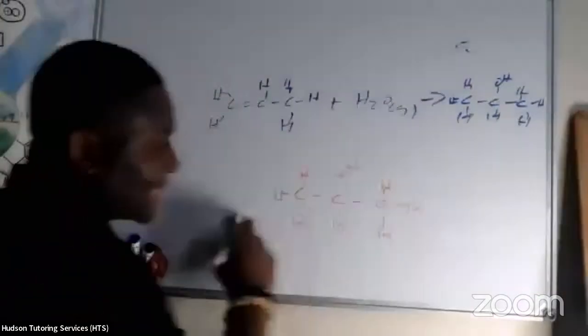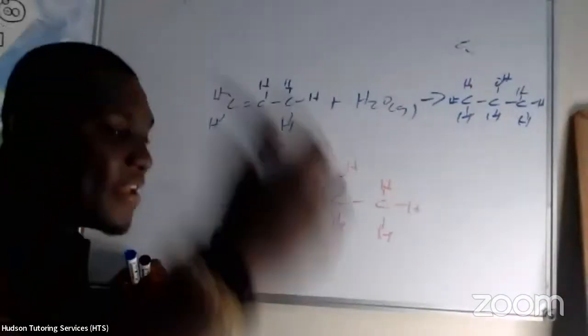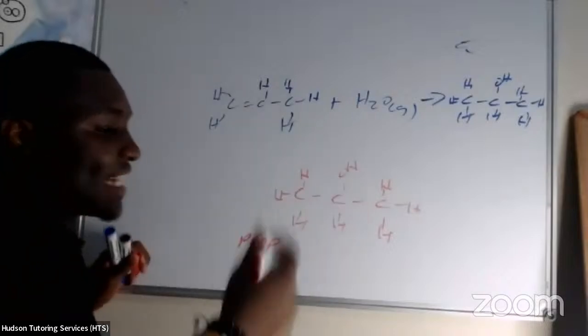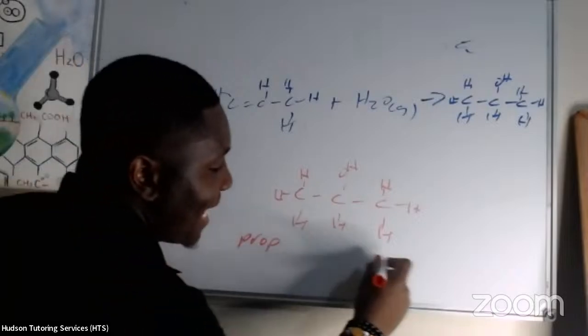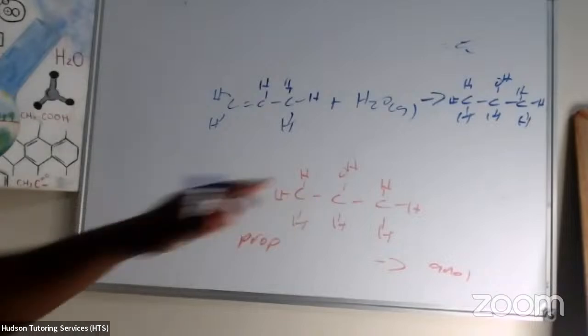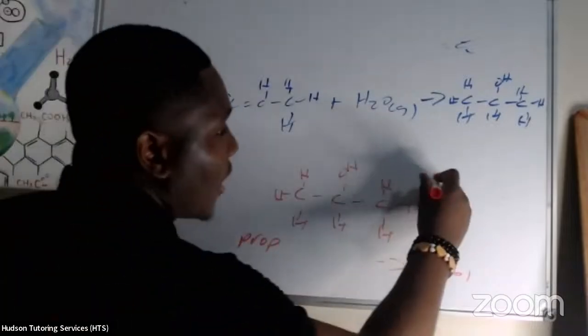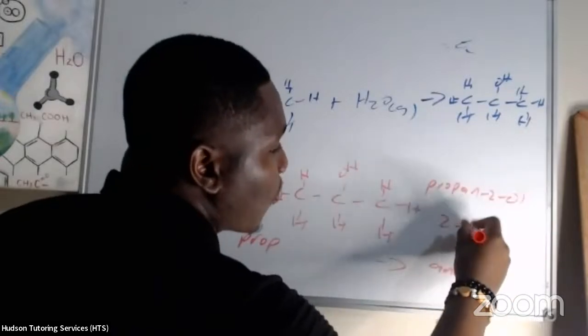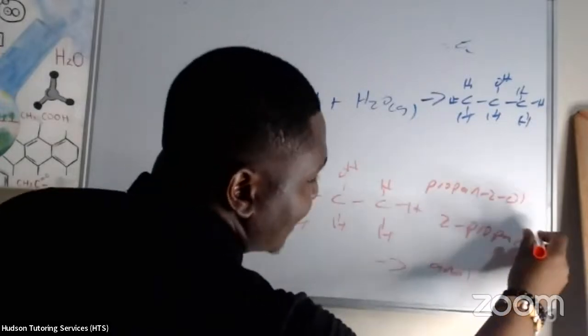It's on the second carbon atom. It's 3 carbon atoms that's there. So the prefix is what? It's pro. OH signifies an alcohol, so the name ending, or suffix, is anol. The OH group is on the second carbon atom, so we call it propan-2-ol, or 2-propanol to be specific.